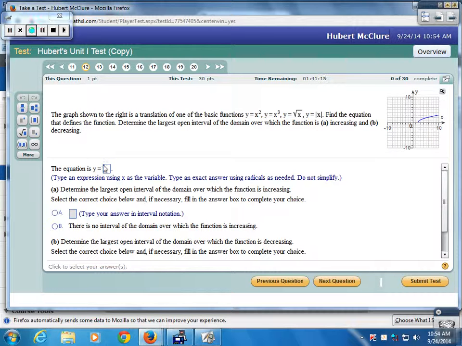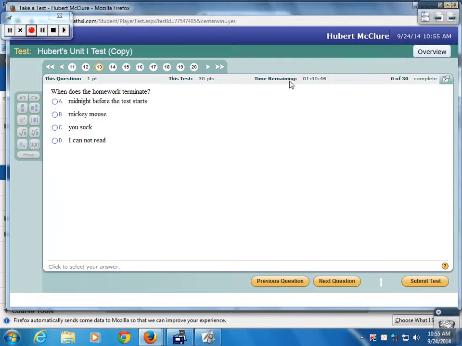And they're going to ask you other things about it, like it's increasing from what? 2 to infinity. Your domain is 2 to infinity. Your range is from 0 to infinity. So if it was outside of the radical, it's up or down, right? Yeah, that's right. Okay. Remember, it's got to be attached.